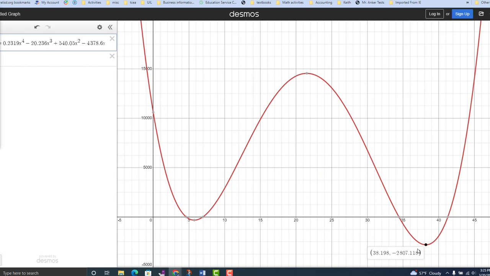And so if you'll go to menu, and then go down to 6, and then we're looking at the low point, so we're going to go to minimum, and then just bring your cursor around that point.